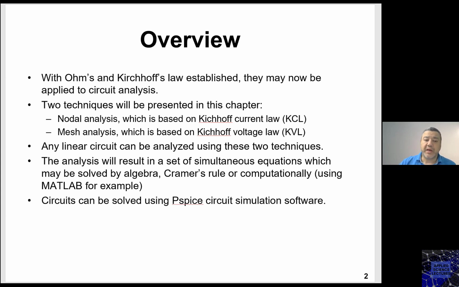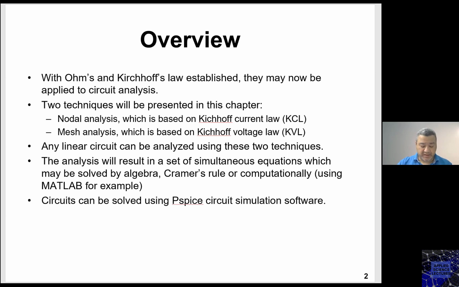Today we will be looking at more advanced analyses, including the nodal analysis and the mesh analysis. Those are a higher level when it comes to tackling circuits with more complex topologies.